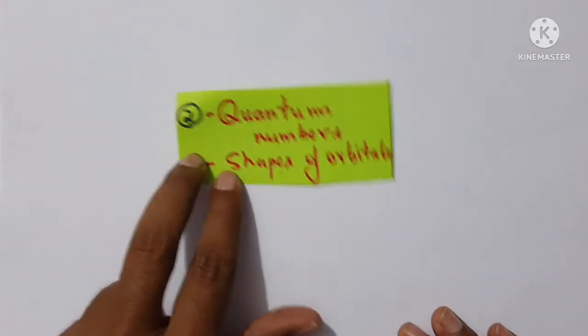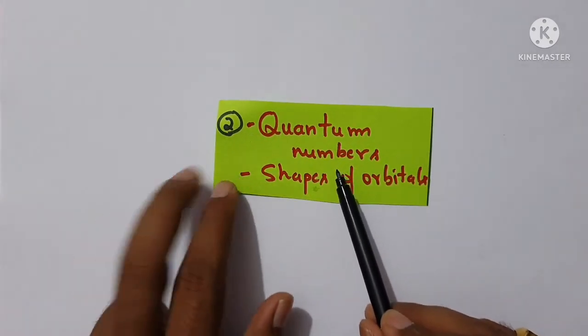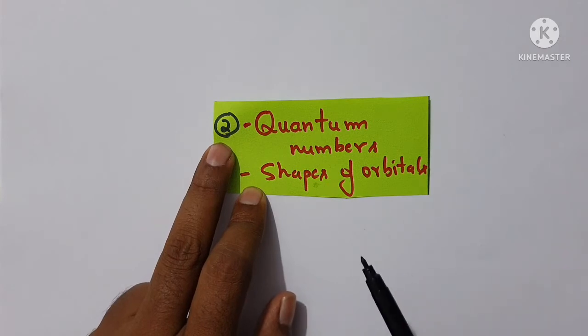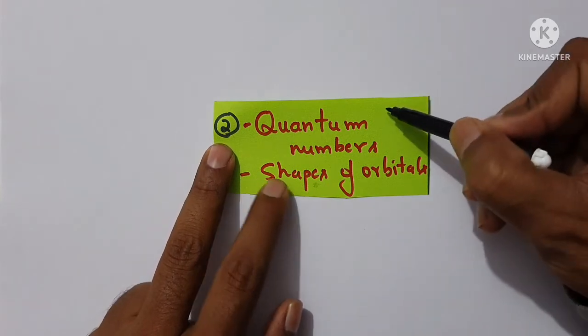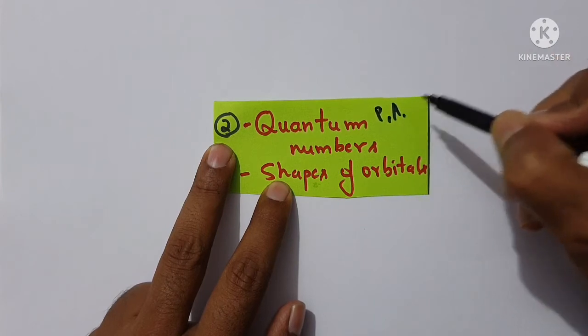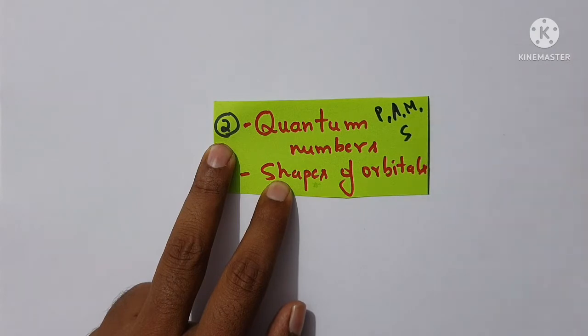We'll go for the next one, that is quantum numbers. There are 4 types of quantum numbers: principal quantum number, azimuthal quantum number, magnetic quantum number, and spin quantum number.